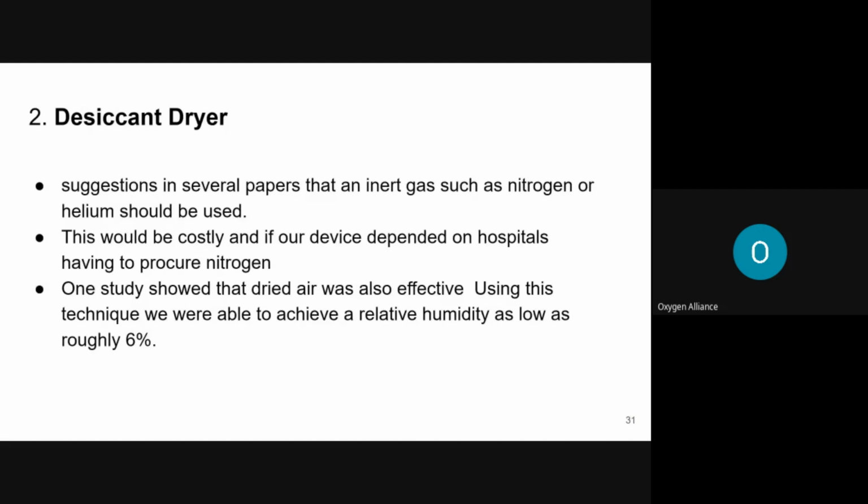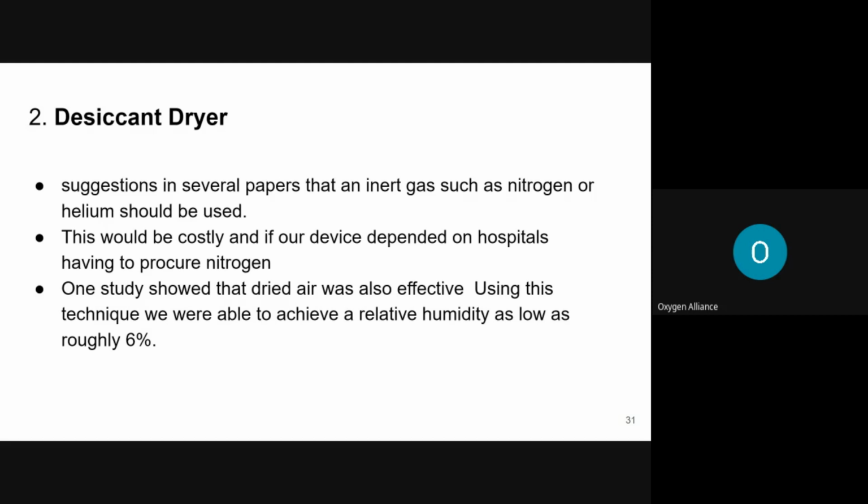So most facilities still wouldn't be able to afford purchasing helium or nitrogen as a source of dry gas. So we also came across another paper which showed that dry air was effective. So we tried using dry air instead, and we were able to achieve a relative humidity which went down to 6%.